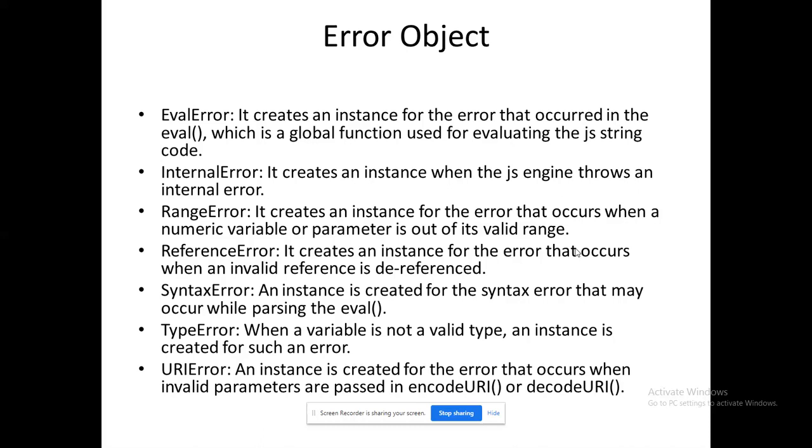For example, if I need to pass two arguments to a function but pass only one, a URI error will be generated, because a sufficient number of parameters was not passed.